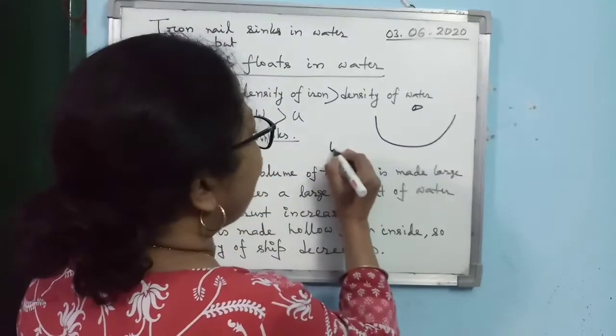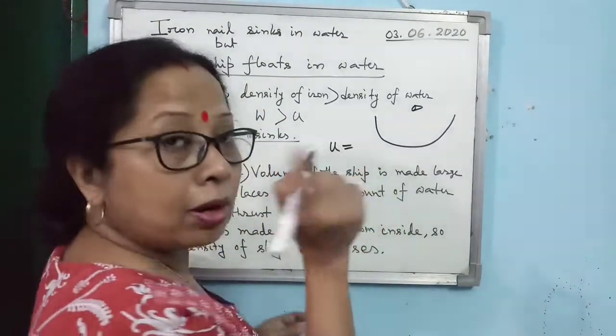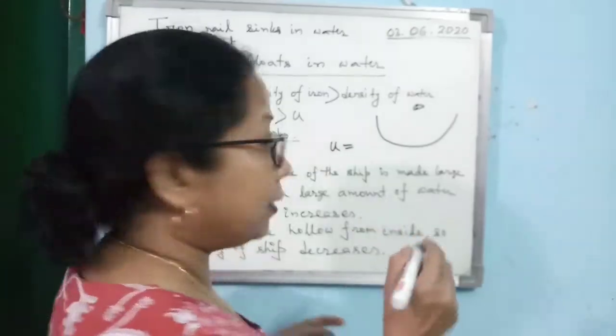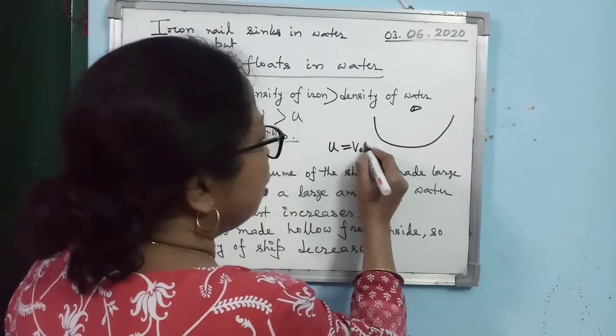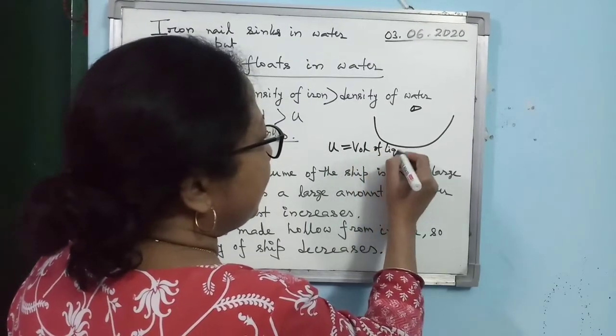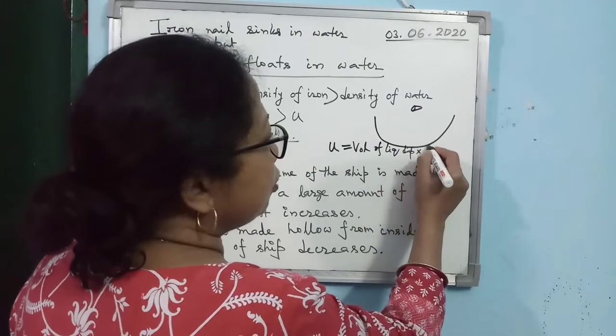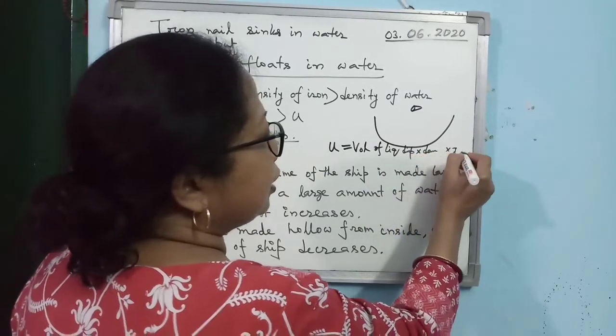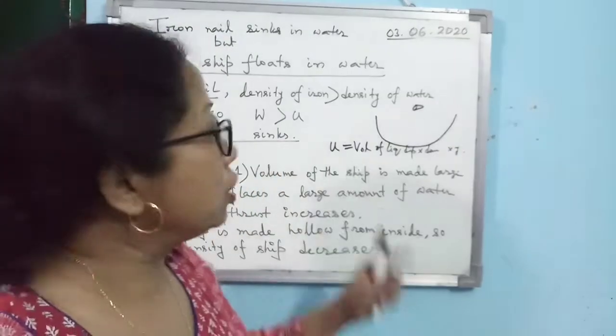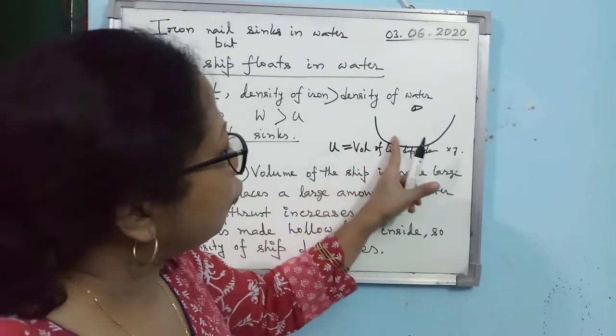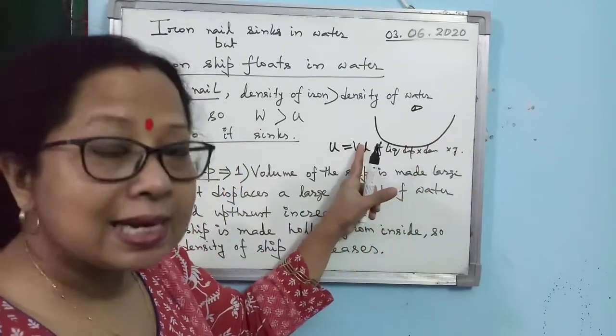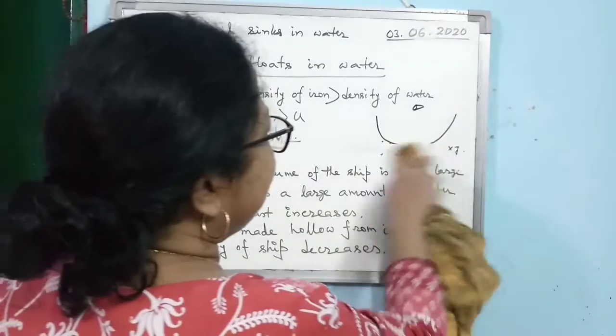And you know what upthrust is. I said in the last class, upthrust is equal to volume of liquid displaced times density of liquid times g. I hope you remember. So when the volume of liquid displaced increases, what happens?